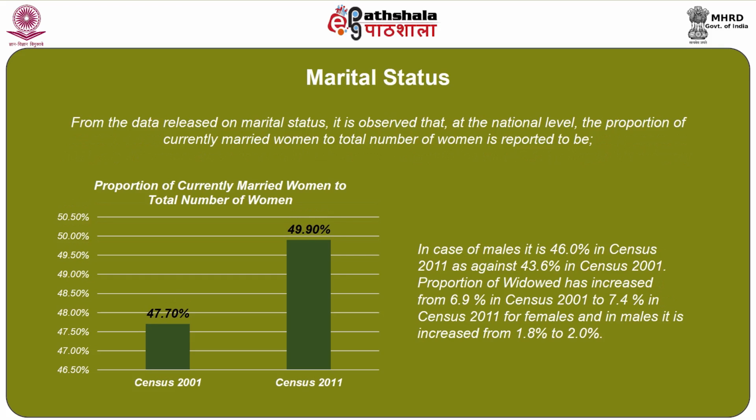In case of males, it is 46.0% in census 2011 as against 43.6% in census 2001. Proportion of widowed has increased from 6.9% in census 2001 to 7.4% in census 2011 for females, and in males it has increased from 1.8% to 2%.